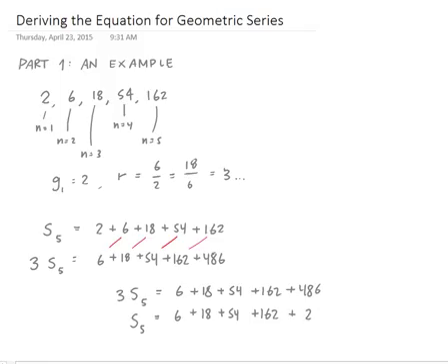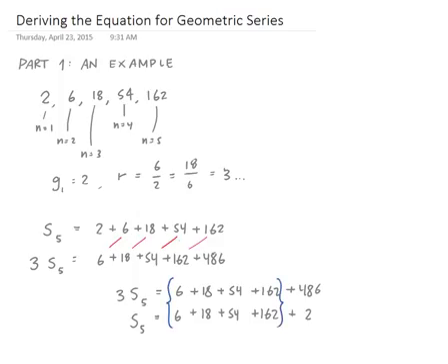Now, I've put these out of order, but since I don't care about the order in terms of addition, I can do that. What we can see here is that these portions all match up.